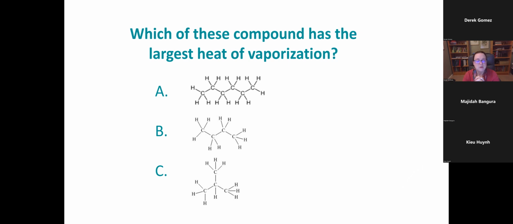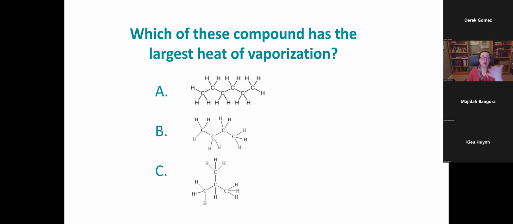Then think about the intermolecular forces in these three compounds. These were the tricky ones where we had to really think down into the London dispersion forces.